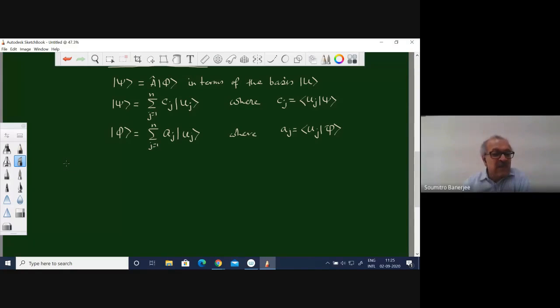If you substitute this here, we get sum over j from 1 to n of c_j u_j, the psi part, is equal to A operating on sum over j from 1 to n of a_j u_j. These a_j are numbers, so the operator actually operates on the kets.